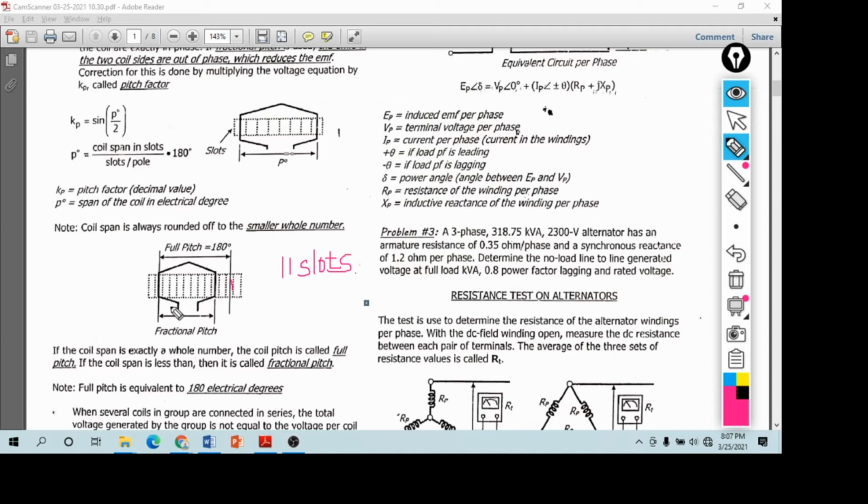But since it is fractional pitch, the span is 1, 2, 3, 4, 5, 6, 7, 8. So P equals 8 divided by 11, multiplied by 180 degrees. So that is your P.